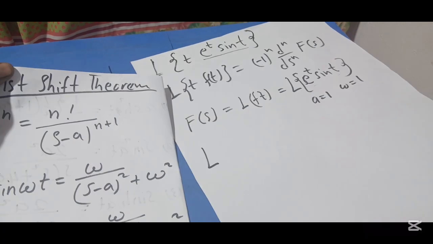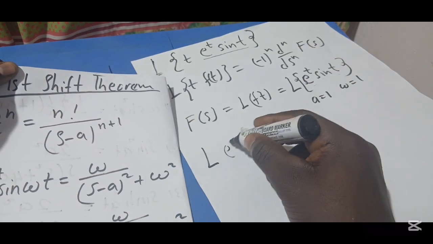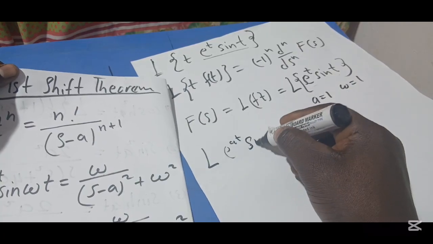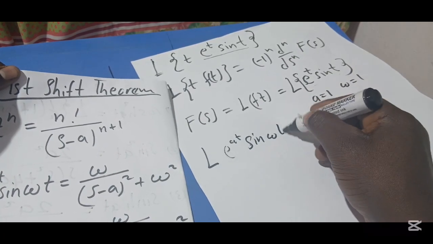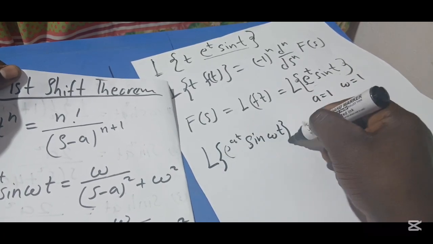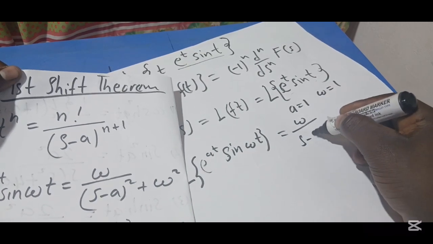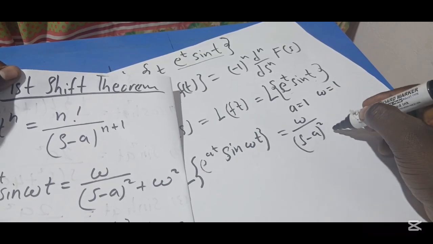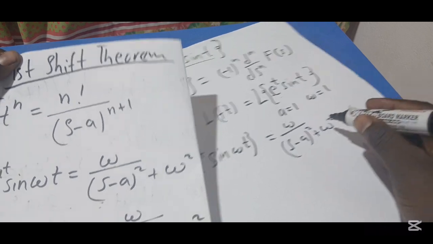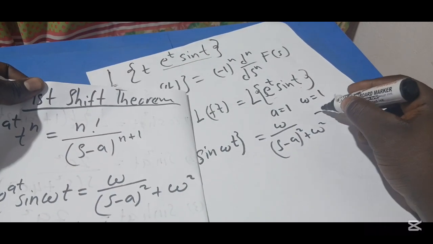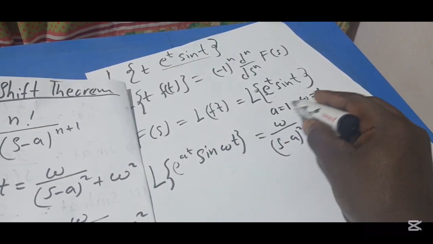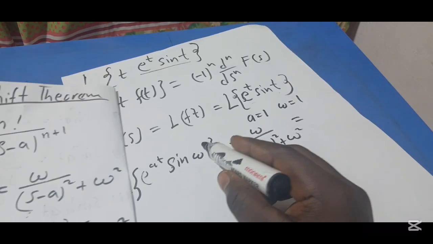Good. And our Laplace transform for e to the power at sine omega t equals omega over s minus a squared plus omega squared. So this is going to give us, we know the value for a, we know the value for omega.